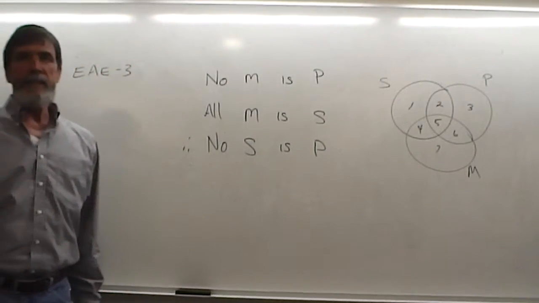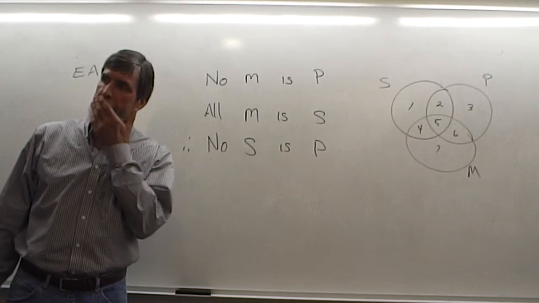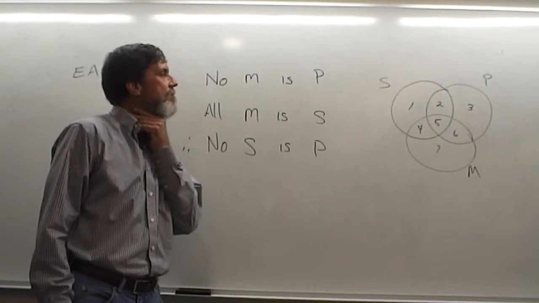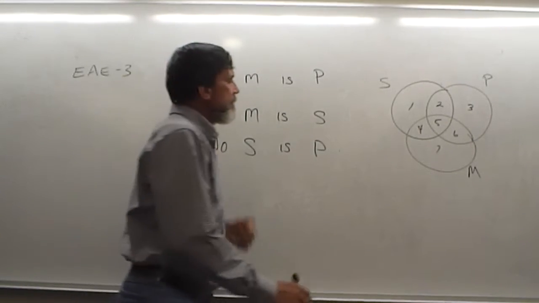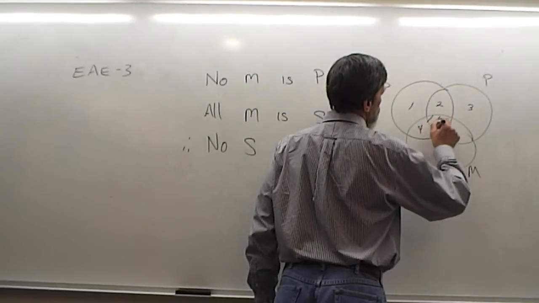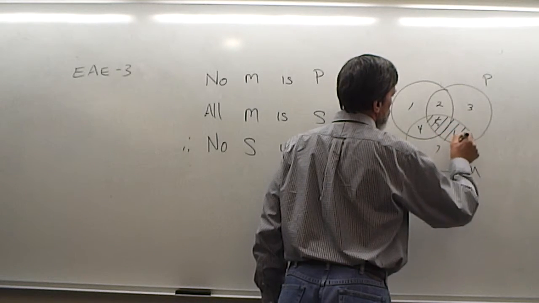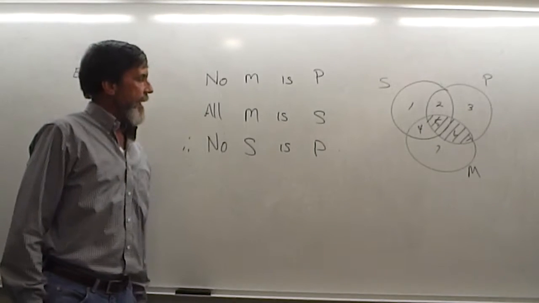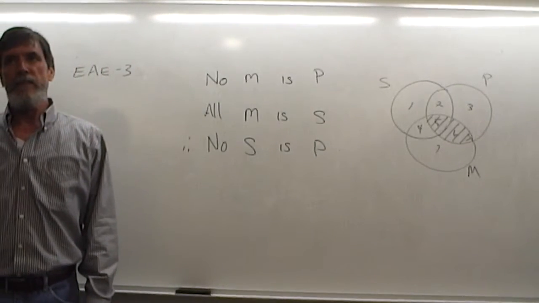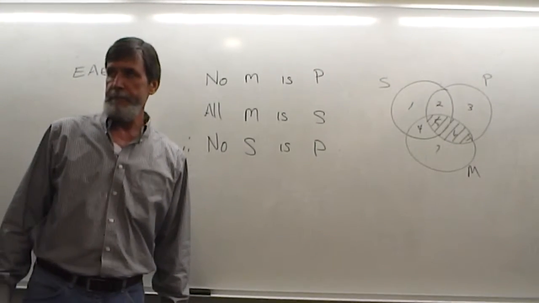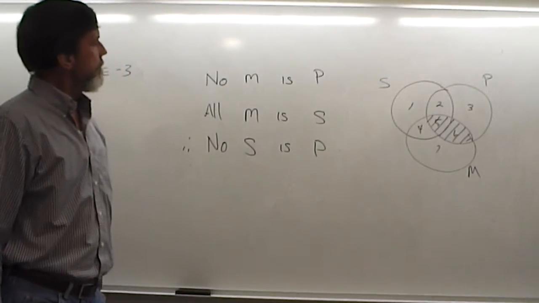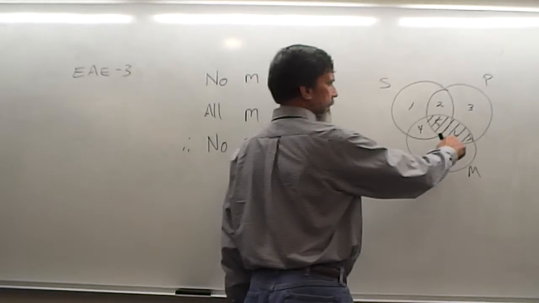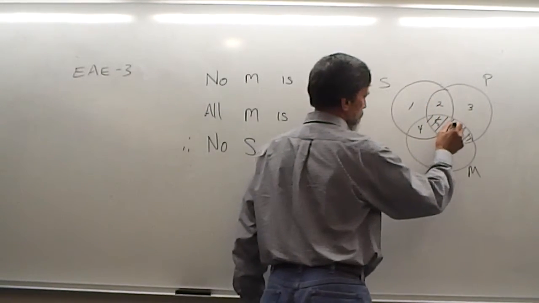No M is P. What shall we crosshatch? 5, 6. All M is S. What do you say? 7, 6. Do I need to crosshatch that again? Yes.